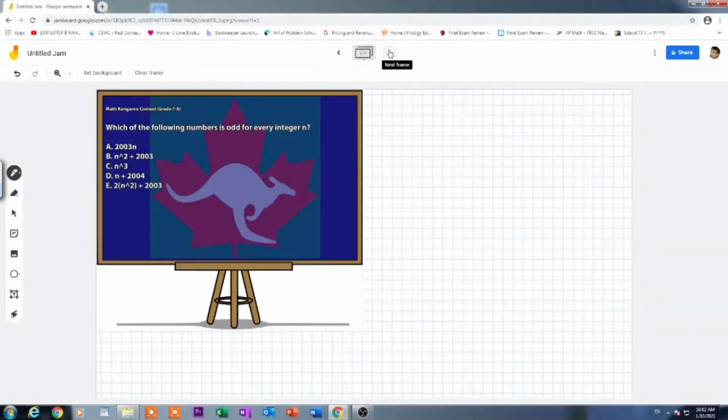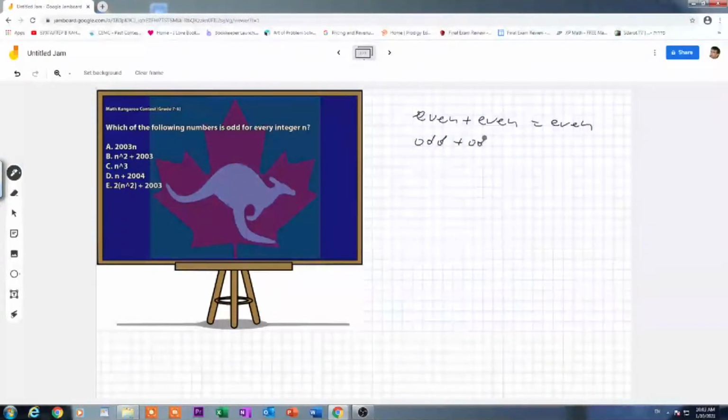Next question is: which of the following numbers is odd for every integer n? So let's remind ourselves, right? If we add two even numbers, even plus even, we get even. If we add two odd numbers, we get even.